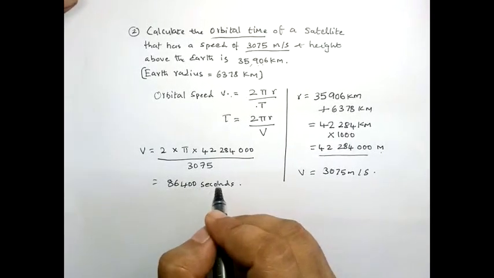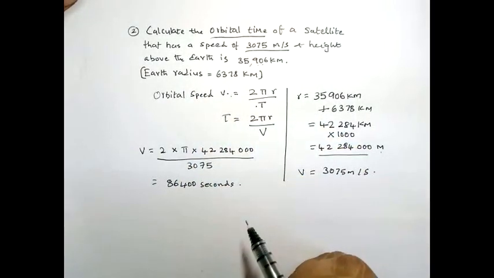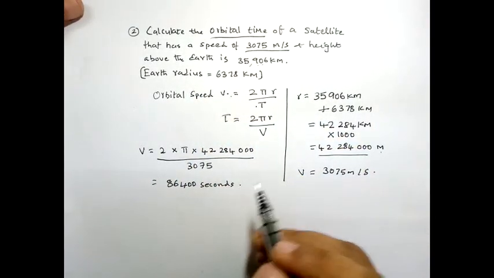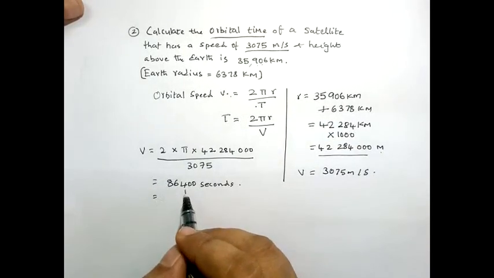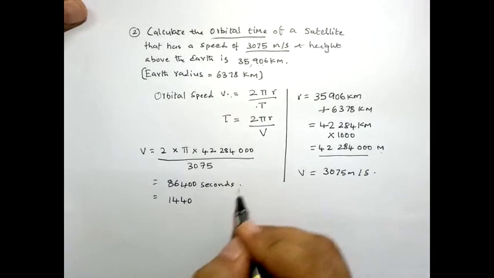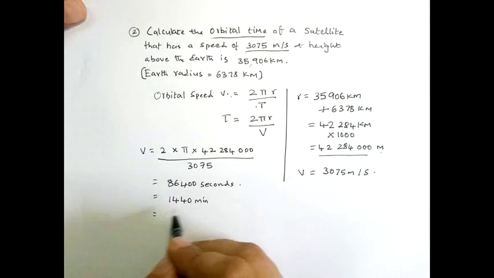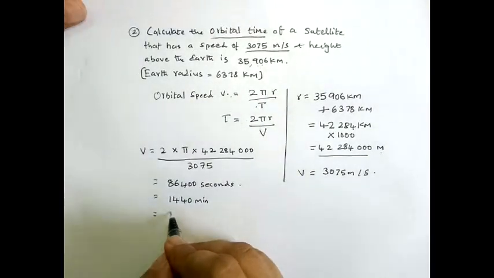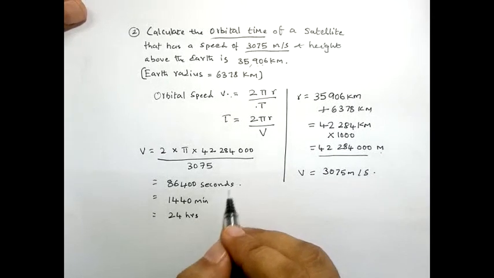For example, if in the question they ask you to give the answer in minutes or in hours, you have to further convert this. When you convert the seconds into minutes, you get this answer in minutes, and if you further convert this into hours, then you get 24 hours as the final answer.